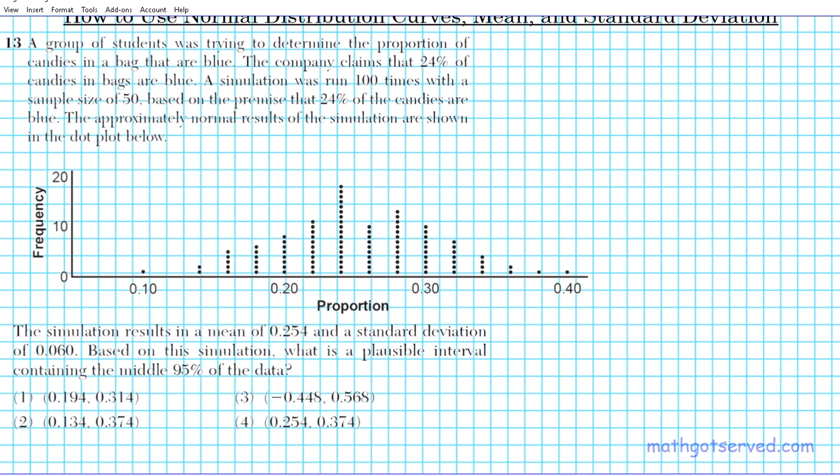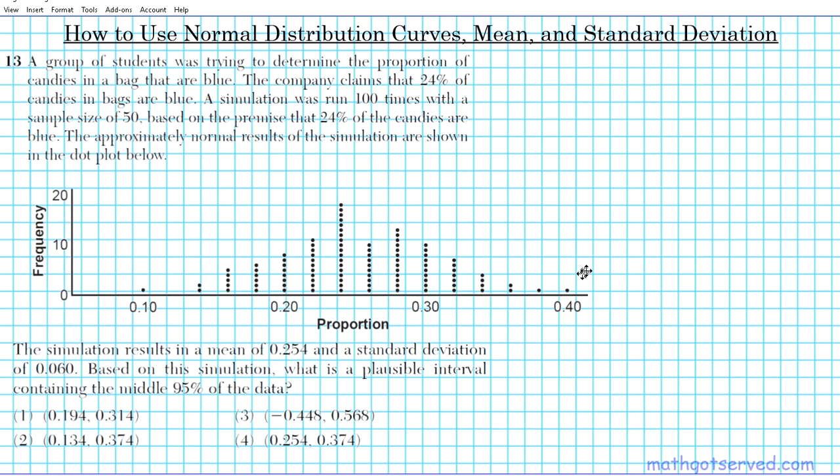Okay? Question 13 reads, a group of students was trying to determine the population of candies in a bag that are blue. The company claims that 24% of candies in bags are blue. A simulation was run 100 times with a sample size of 50 based on the premise that 24% of candies are blue.